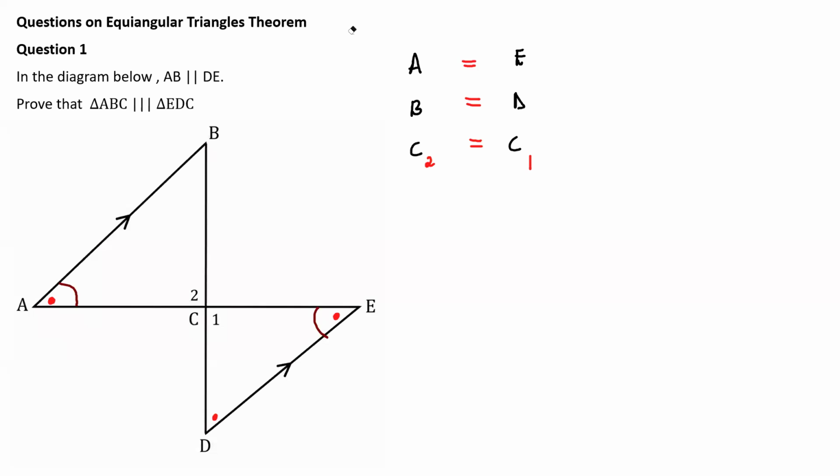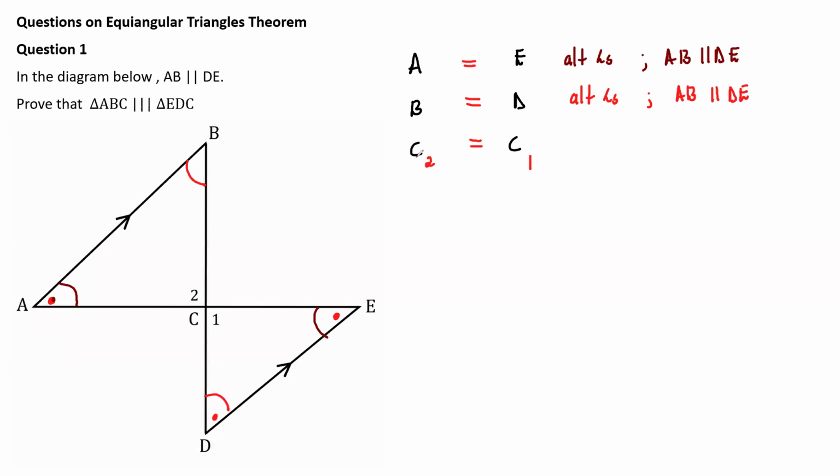I think from the parallel lines, A is alternate to E. So in other words, I'll say alternate angles. And I must specify the parallel lines: AB parallel to DE. Let's go for B equal to D. Why is B equal to D? Same idea. It's alternate angles. Your parallel lines is AB parallel to DE.